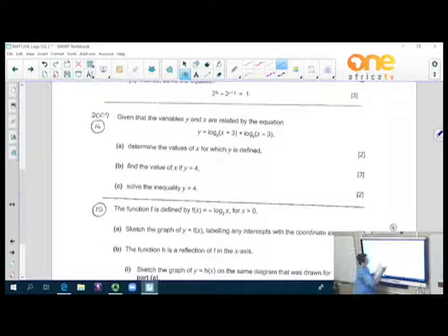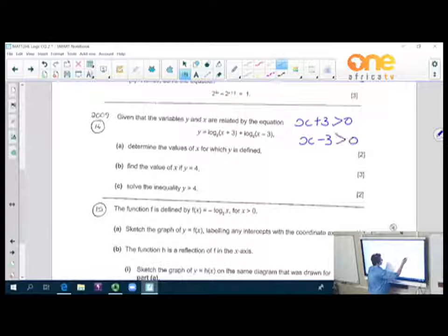It will be defined if this x plus 3 is more than 0, or here also, if x minus 3 is more than 0. Then logs are defined. Logs are defined for more than 0. That was one of the rules that you've learned there.